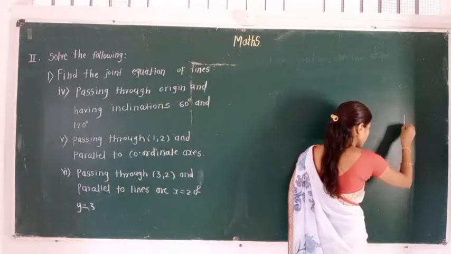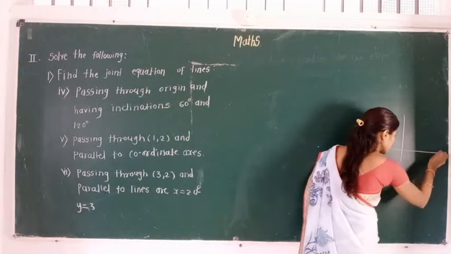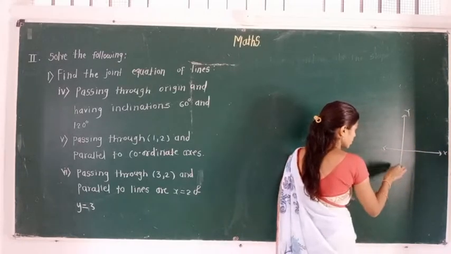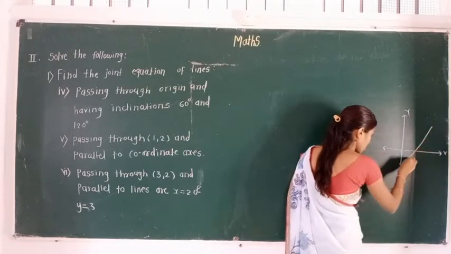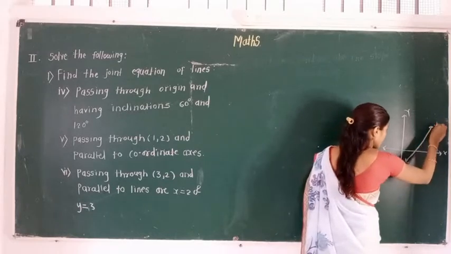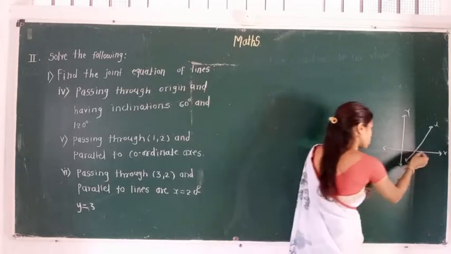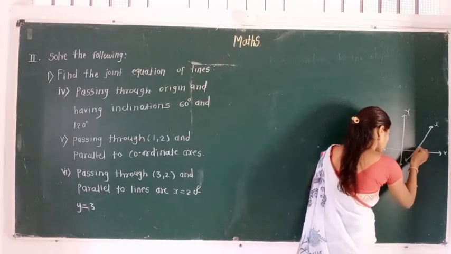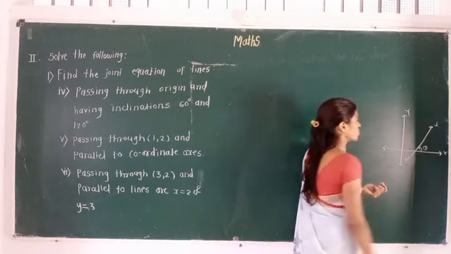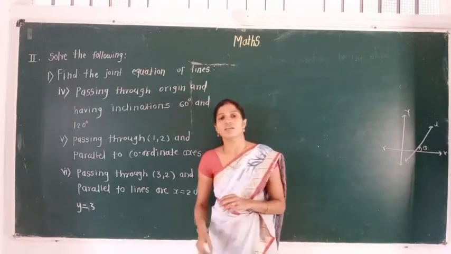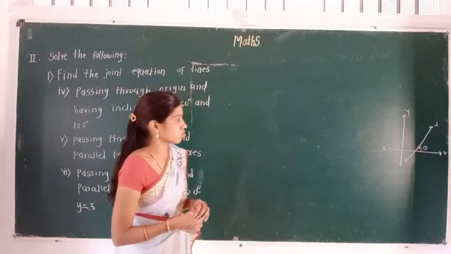For example, see here, this is the x and y axis. Okay, see here is the line L. This line makes an angle with the positive direction of the x axis, and this is the smallest non-negative angle theta, and this theta is known as the inclination of the line.